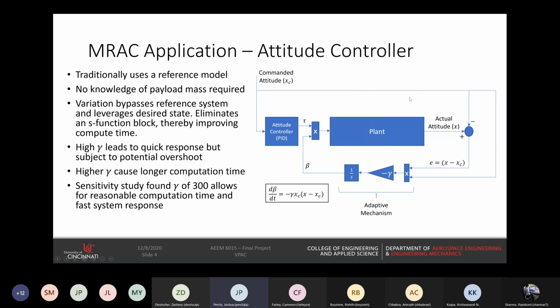However, we adjusted this by removing one plant, the model reference plant, and passed the commanded attitude straight through to create an error. This significantly reduced compute time.